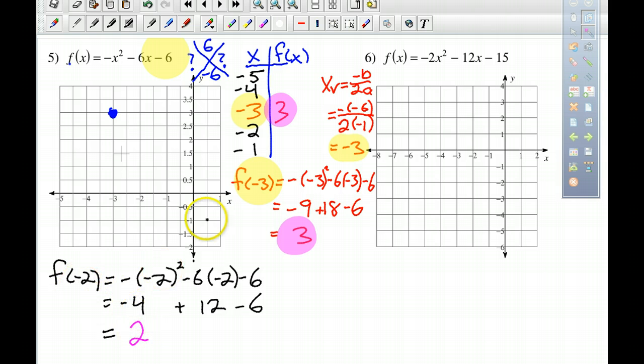Plugged in negative 2, got an answer of 2. Over here, you also get an answer of 2. So I get both sides of the vertex just by plugging in one, because I know it's symmetric. So we go to negative 2, and we go to negative 4, both sides.